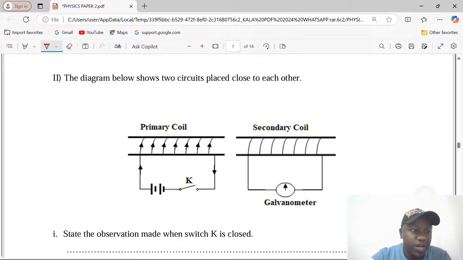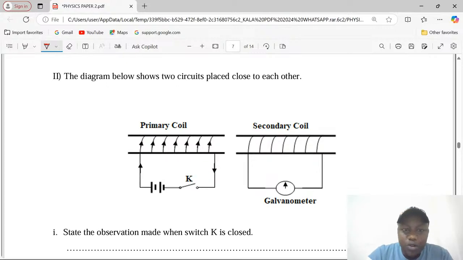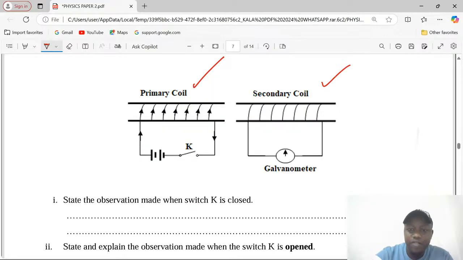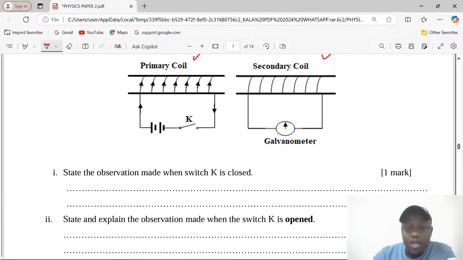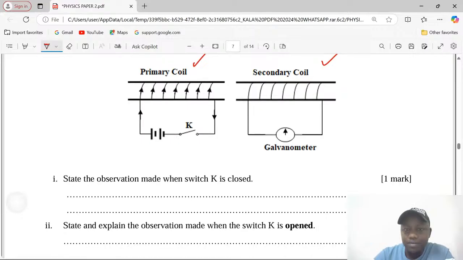Yeah, the second question now. The diagram below shows two circuits placed close to each other. Primary coil, the secondary coil, then we got a galvanometer and a switch K. The question is, state the observation made when the switch is closed. Due to mutual induction, we will have a potential difference, an EMF induced in the secondary coil.